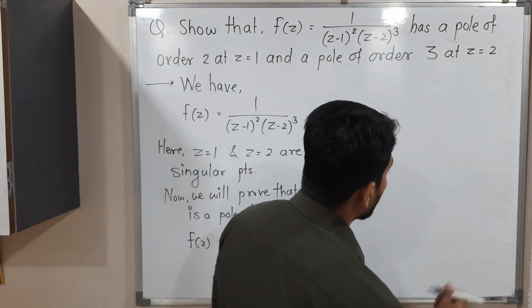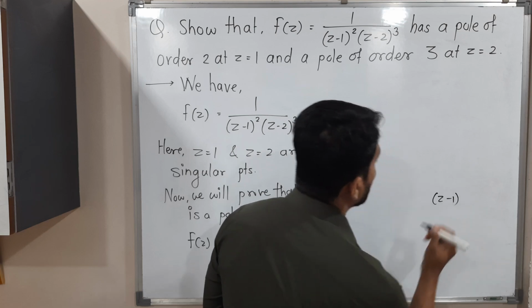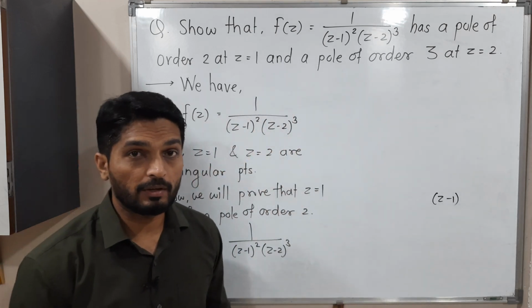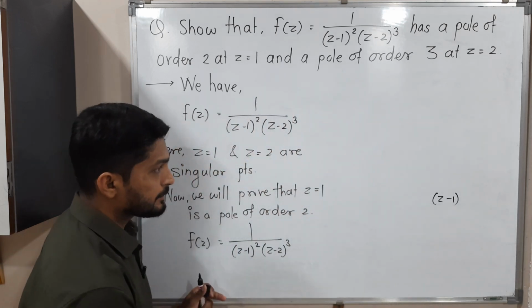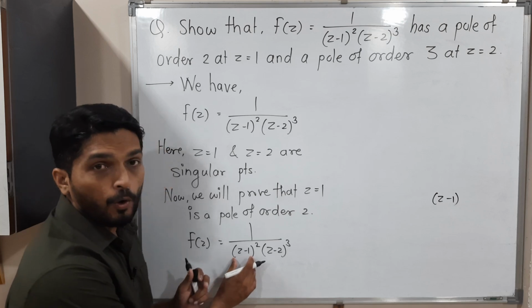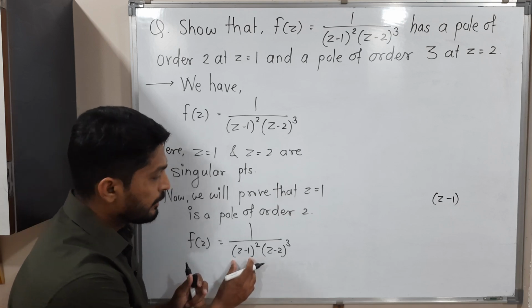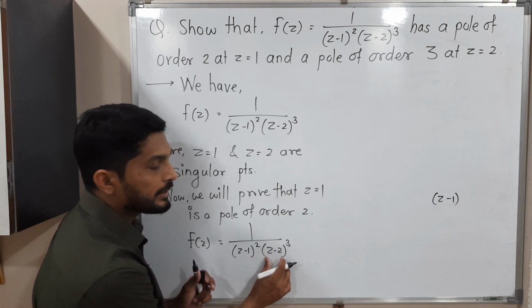That means we want the bracket z minus 1 everywhere in the series expansion. So z minus 1 we already have in the first bracket, and we have to adjust z minus 1 in the second bracket.